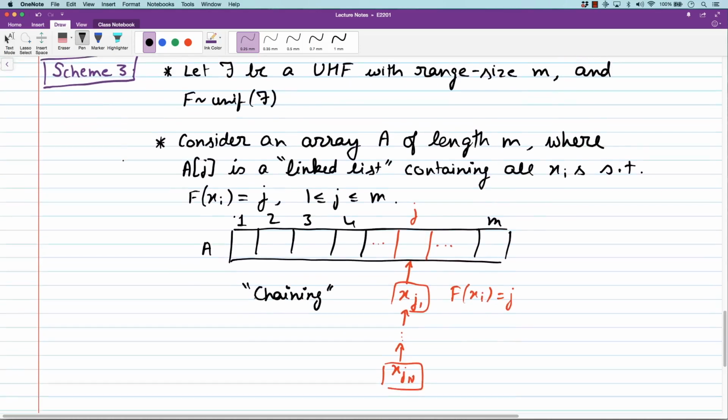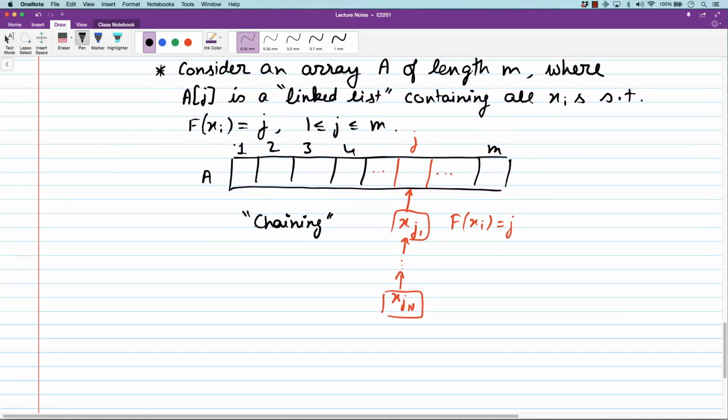Now this is an interesting storage. Earlier we were putting all the elements, compressing and storing them. Now we don't put them all at the same place. We put them in m different buckets.